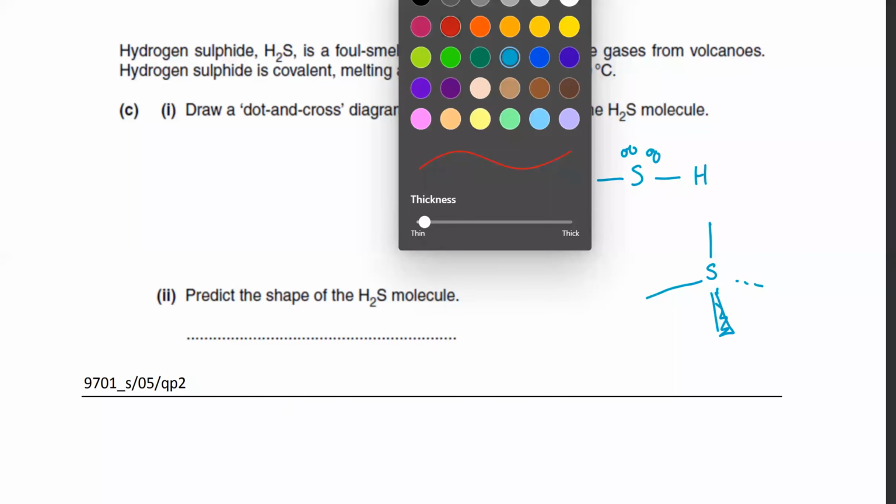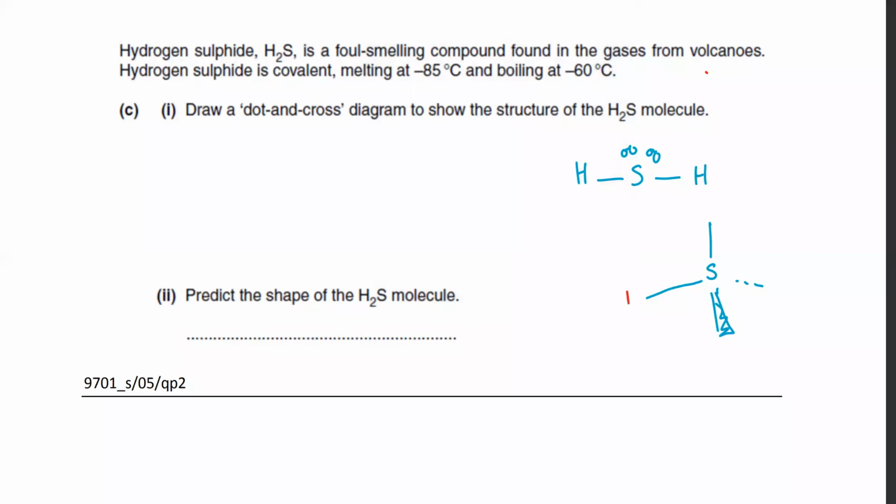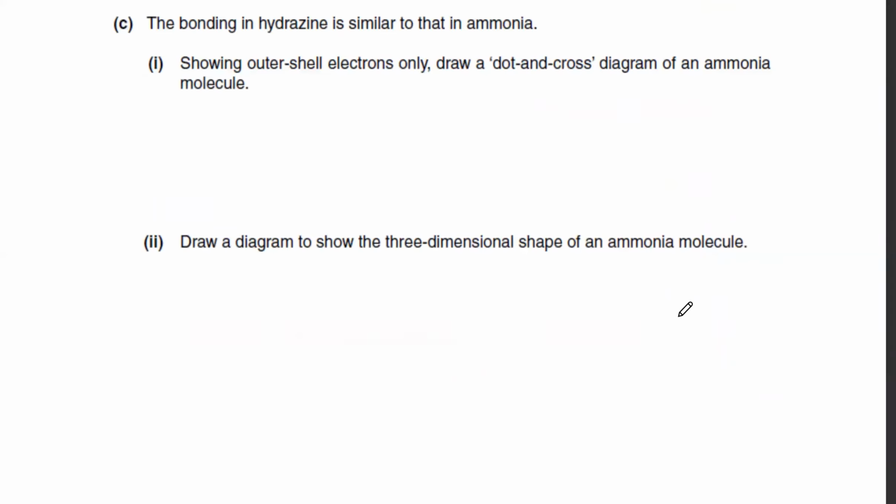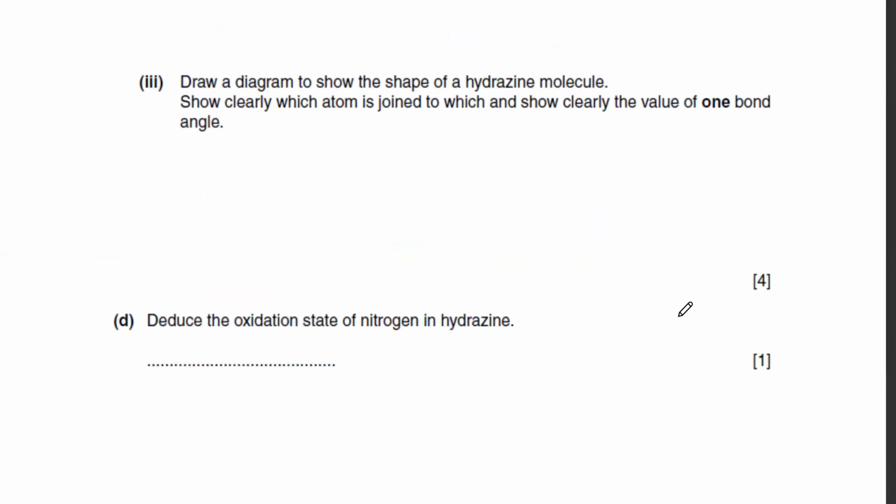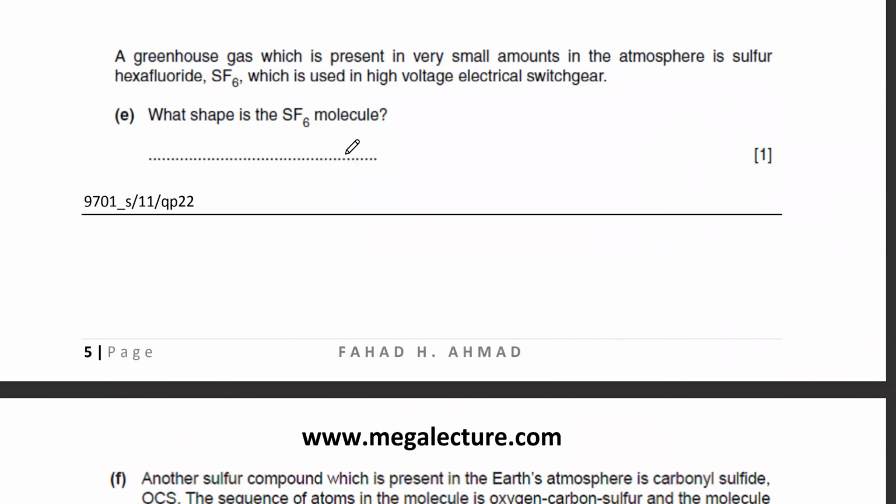On 2 sides, you've got a hydrogen atom, and on 2 sides, you've got a lone pair. So there's nothing there. So it's just V-shaped or bent, and the angles are 104.5. So pretty straightforward questions, most of these, especially the shape ones.